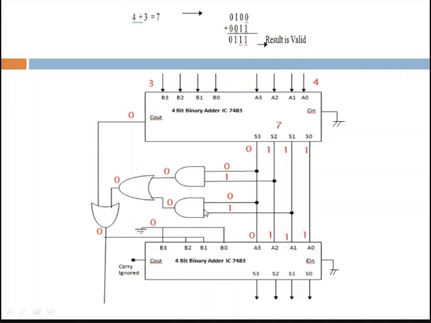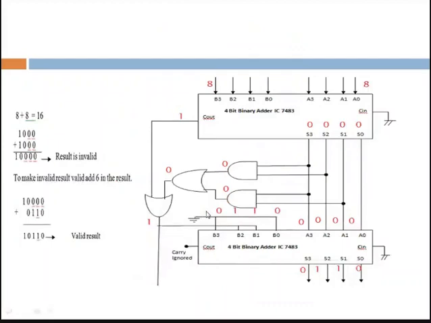Now we'll see the next case. When we are applying 8 plus 8, I'm considering 8 here, another 8, then you are getting 16. In the 16, the result for C out, the fifth bit or MSB bit, is nothing but 1, and the last 4 digits are your sum. So the sum part is S3, S2, S1 and S0.